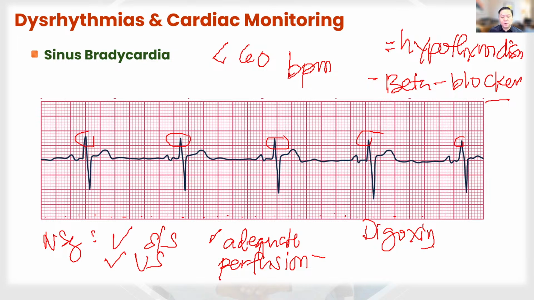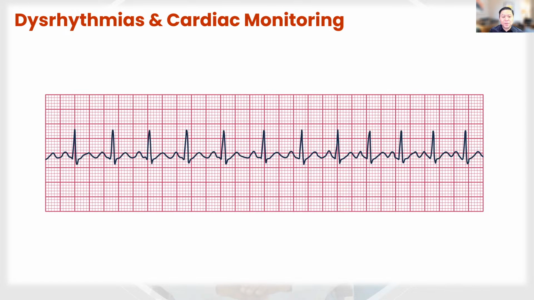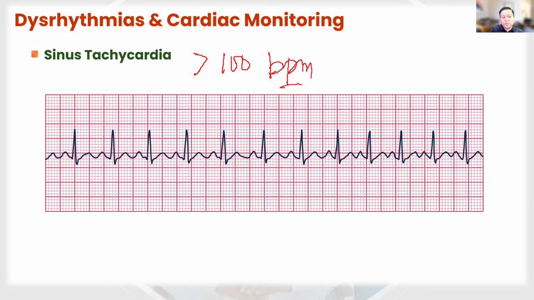Now let's move forward with the next arrhythmia, which is the sinus tachycardia. This is a rate that exceeds 100 beats per minute. The P waves, QRS, and T waves are all there. It's just that the rhythm is a lot faster. What we can do here is identify what really is causing the rapid heart rate. Is it caused by stress?